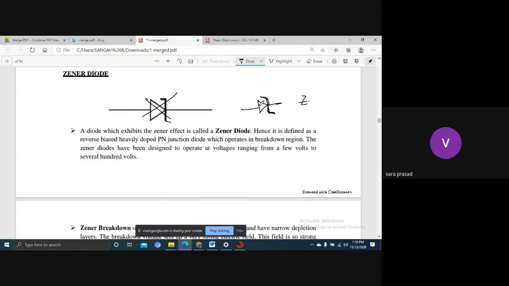Remaining all are the same. See, forward bias circuit, I will draw it here. This is an anode. Same, this is an anode. This is a cathode, where the vertical line is, that is the cathode. Then here one resistor, and forward bias in the sense anode is connected to the positive terminal, cathode is connected to the negative terminal. Okay, this is a forward bias.